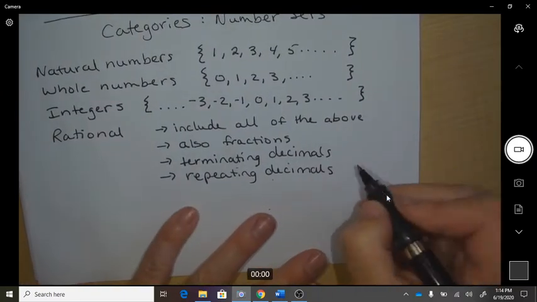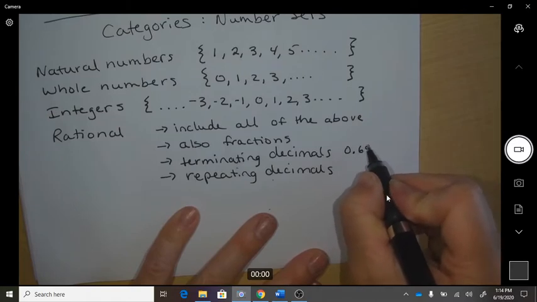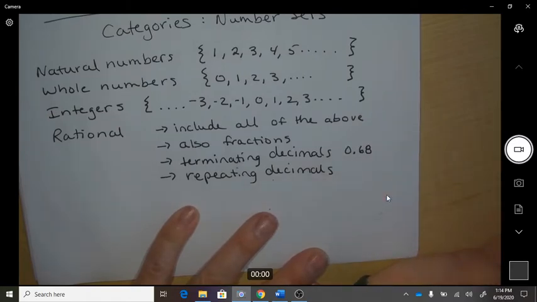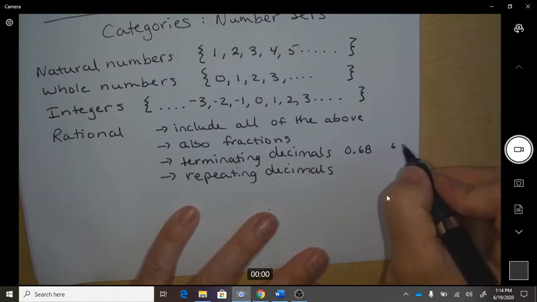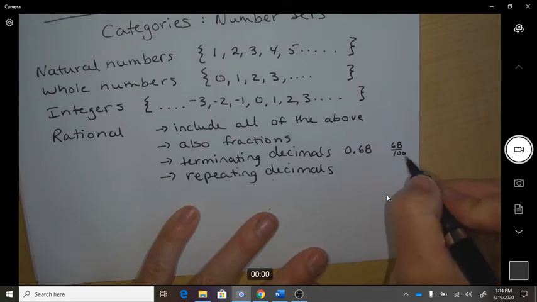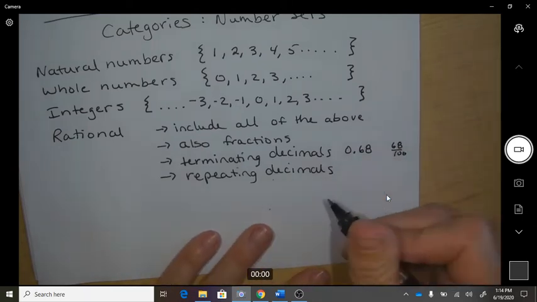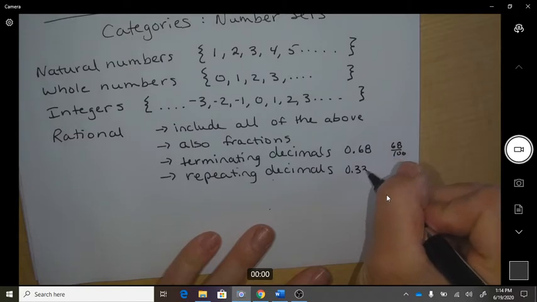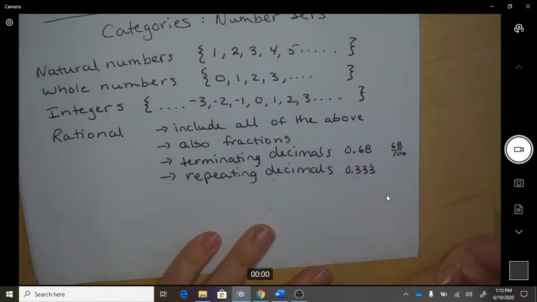So terminating decimal could be something like 0.68, because if you don't realize, that could actually be written as 68 over 100, which would be a fraction. Something like a repeating decimal, like 0.333333, because that could actually be classified as 1/3.